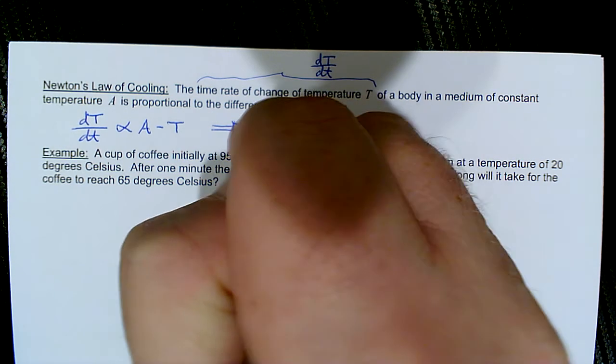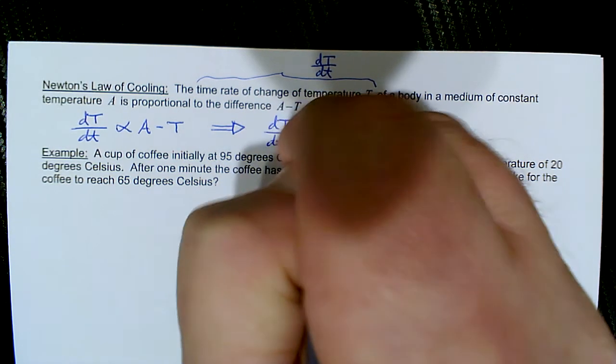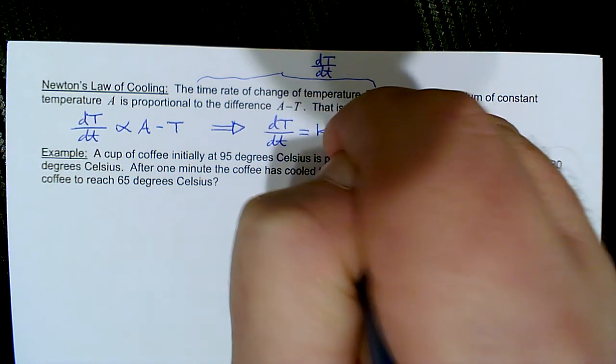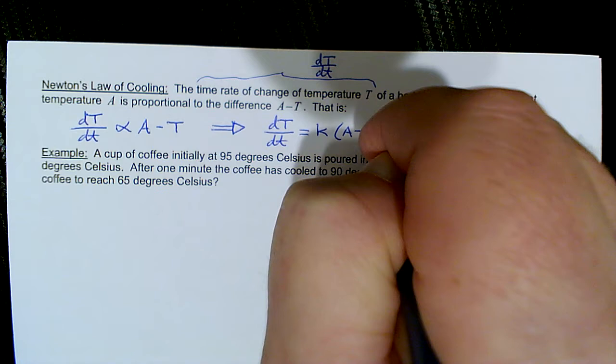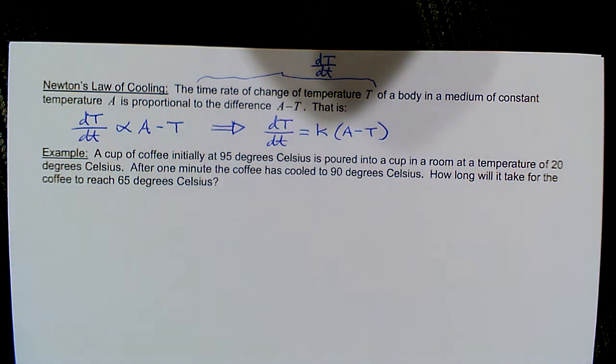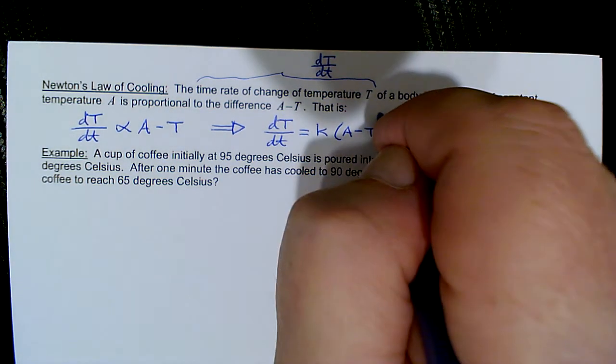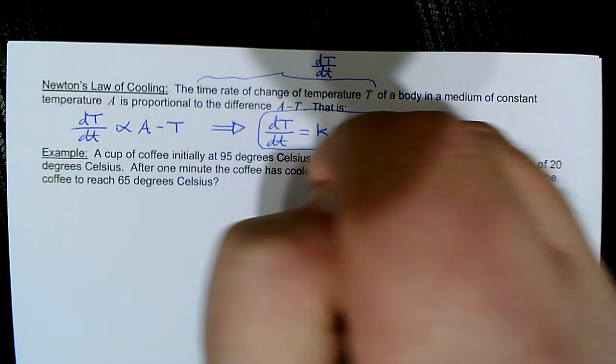So the time rate of change of the temperature can be equal to k times A minus T. So that's the formula for Newton's law of cooling.